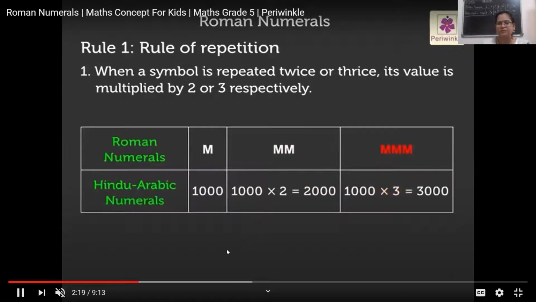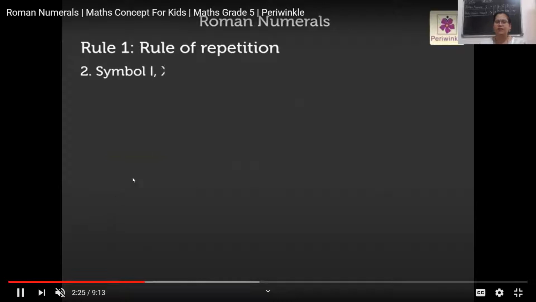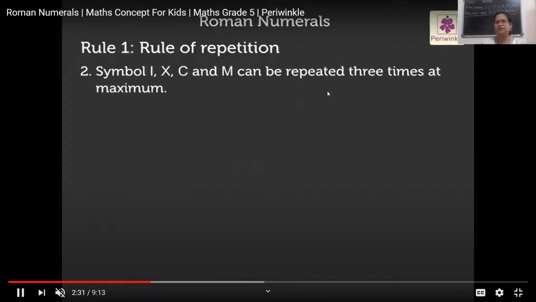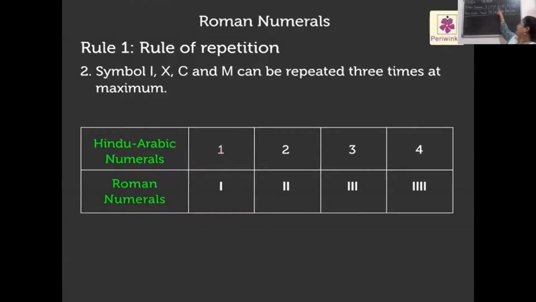There are certain symbols which can be repeated, and that only 3 times. I, X, C and M can be repeated 3 times. The other symbols V, L, D are never repeated.